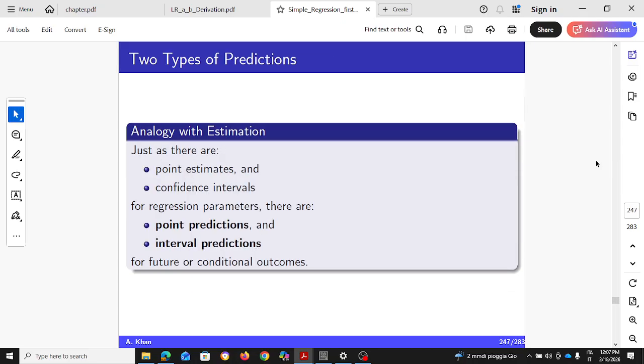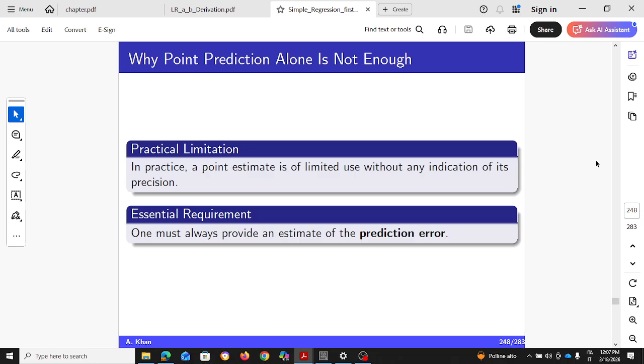Similarly to the estimation case, where we had a point estimate and a confidence interval, in the prediction case we have a point prediction and an interval prediction: to predict some kind of interval in the future, or to predict a specific point in the future. Now, why is point prediction alone not enough?